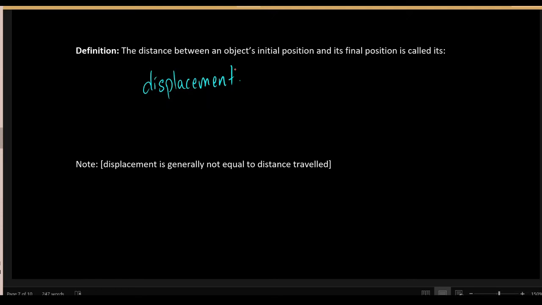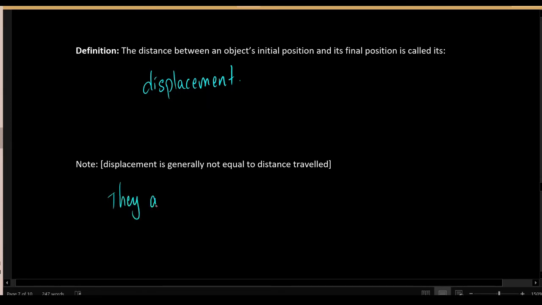In general, in almost all cases, the displacement is not equal to the actual total distance traveled by the object. They are only equal when the object was moving consistently forward in a straight line.